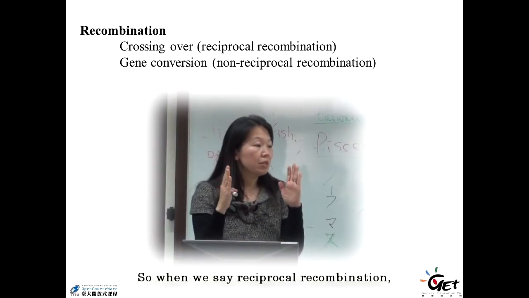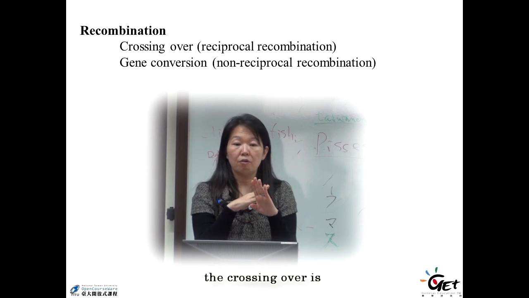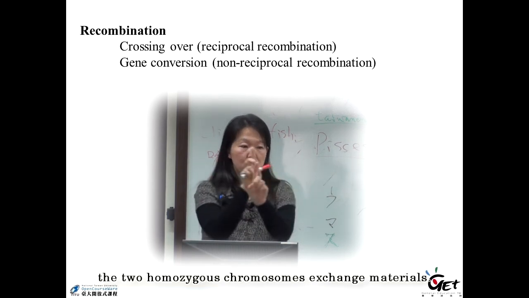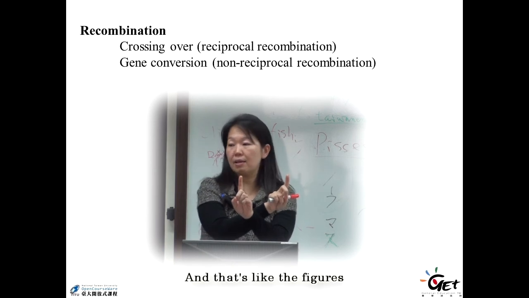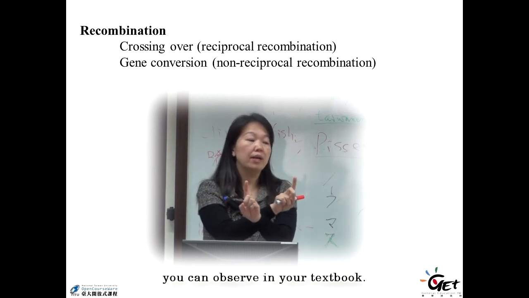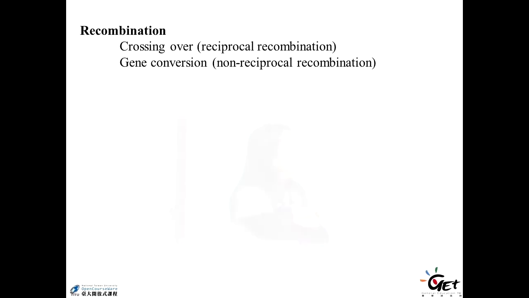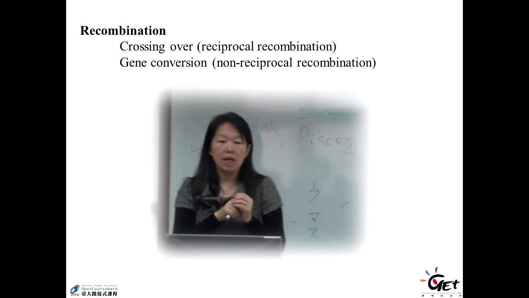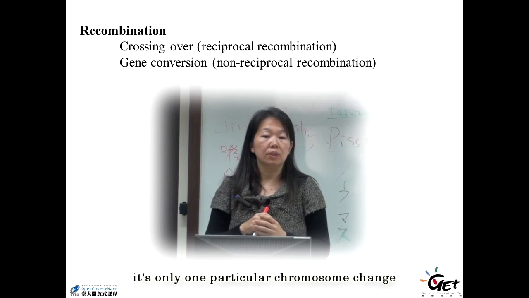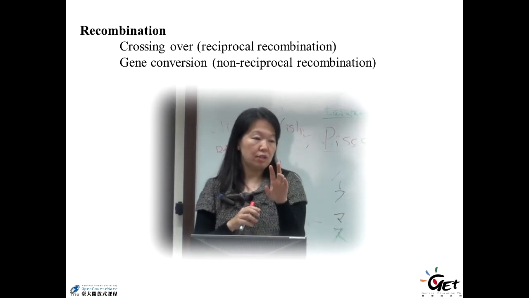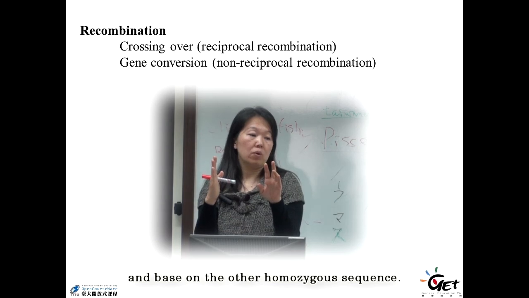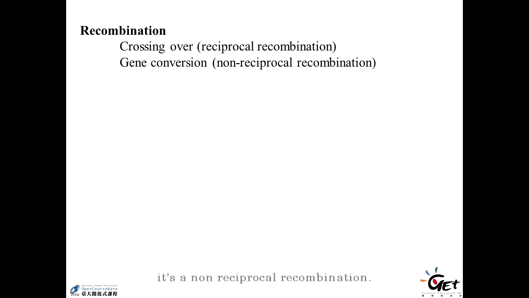When we say reciprocal recombination, the crossing over is where the 2 homologous chromosomes exchange materials. That's the figure you can observe in your textbook. But when we talk about gene conversion, only one particular chromosome is changed, based on the other homologous sequence. That's why we say it's a non-reciprocal recombination.